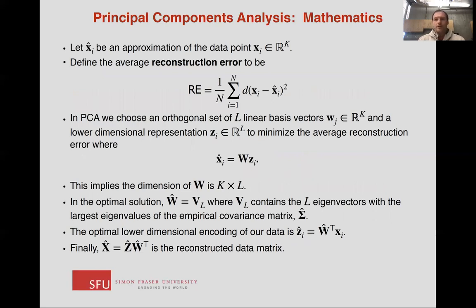So just briefly discuss a more mathematical description of this procedure. One way to think about this is to think about reconstructing the original data. We'll let xi hat here be an approximation of data point xi.